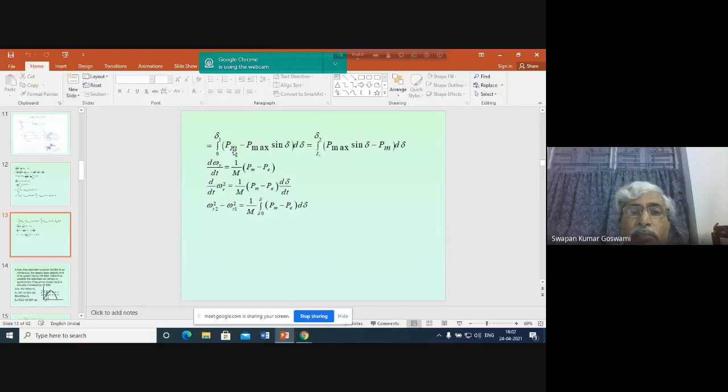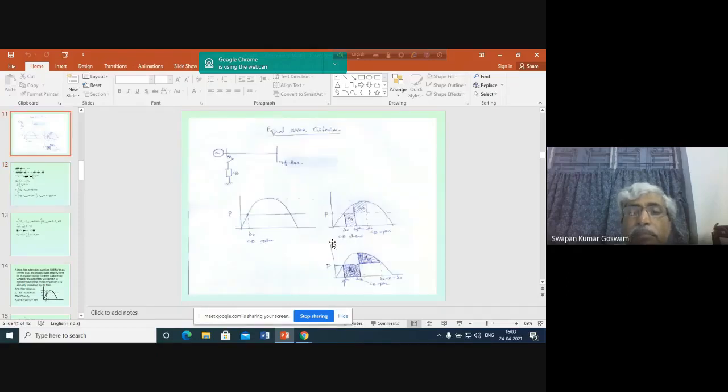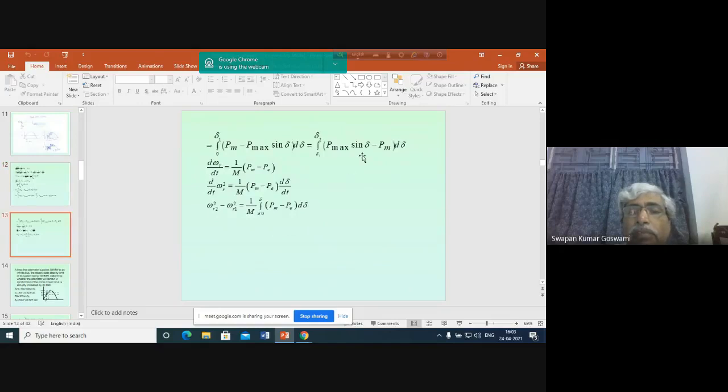Delta 1 to delta 2, what is this? It is P maximum sine delta minus Pm, because output is more than input. This will be equal, and the minus sign was there, that's why it has been shifted to the other side. Okay, so this is the condition.